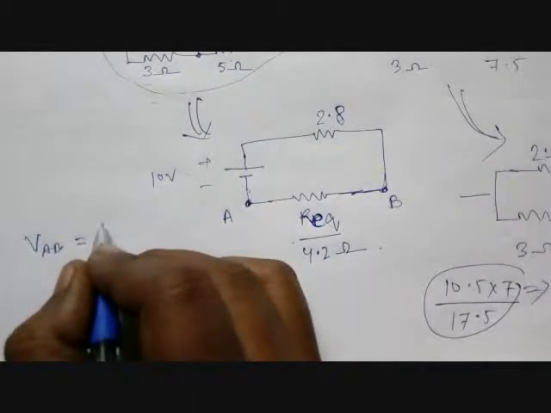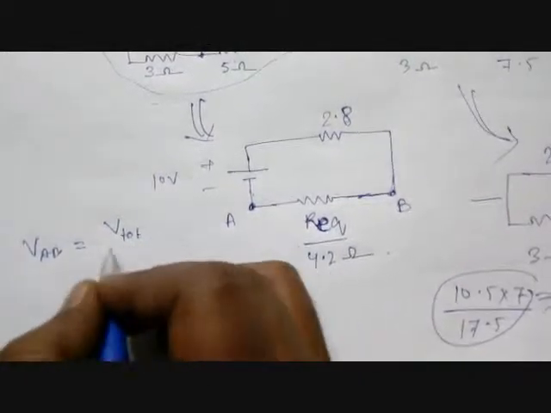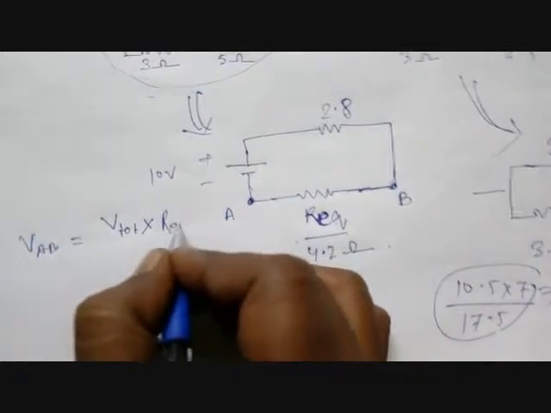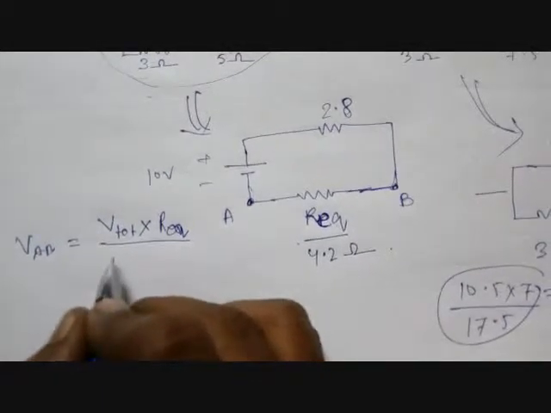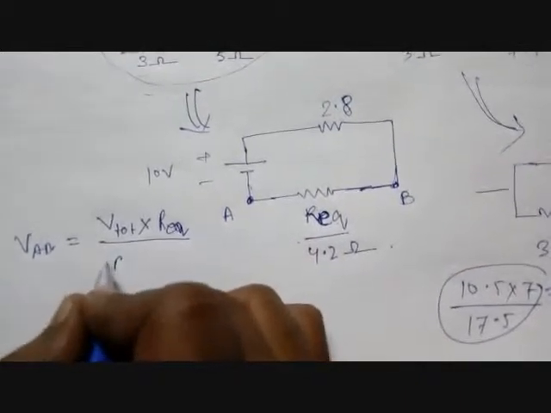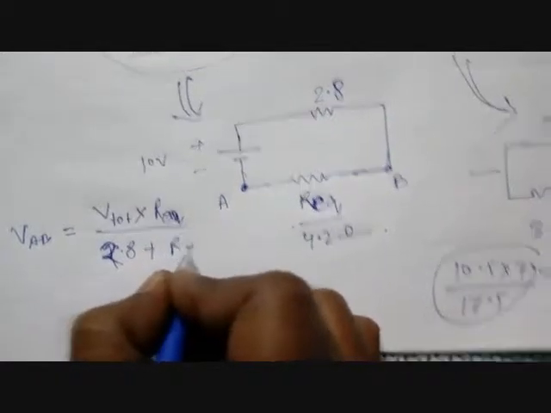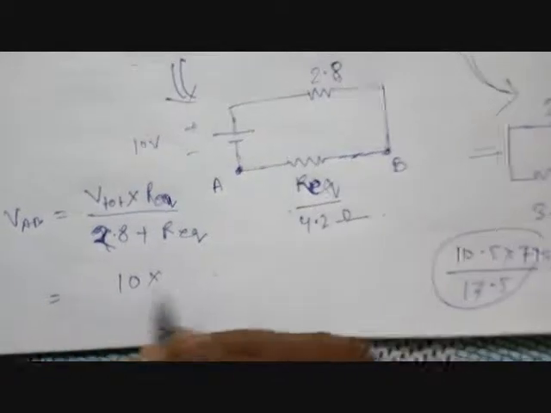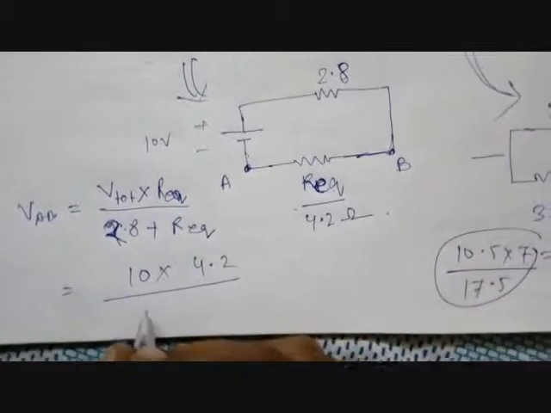VAB is equal to V total, which is 10 volts, multiplied by R equivalent divided by the total resistance, which is 2.8 plus R equivalent. So that will be 10 multiplied by 4.2 divided by 2.8 plus 4.2.